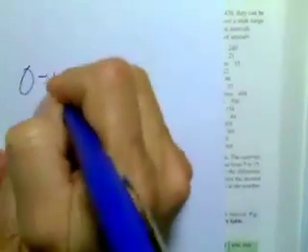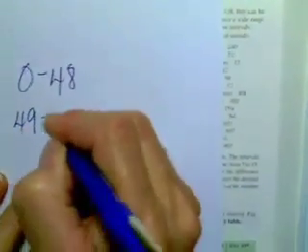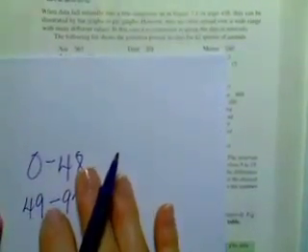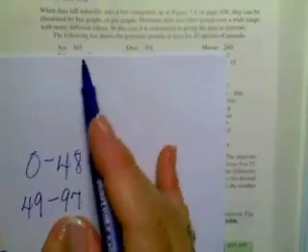Then you have to set up a frequency table to see how many would fall in that category. How many fall into the 0 to 48? How many fall into the 49 to 97? And so a good way to do that is to set up your tallies. So if I go 0 to 48, and 49 to 97, I'm going to go through, and the ass is 365.